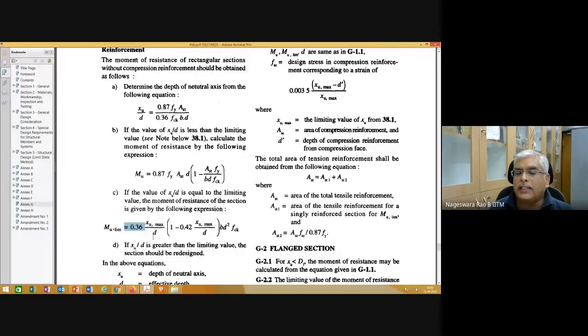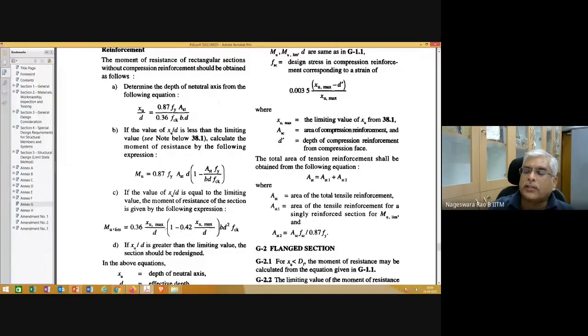And it is actually written in terms of XU max divided by D, and you can check whether this relation is correct or not. How do you check? The resultant compressive force is 0.362 FCK XU times B. For the limiting case, you substitute XU equal to XU max and multiply with the lever arm distance.